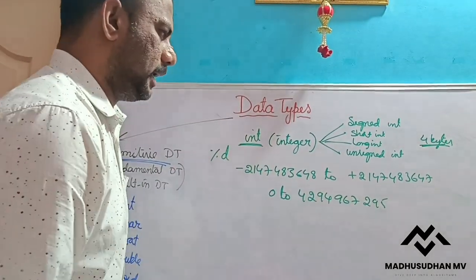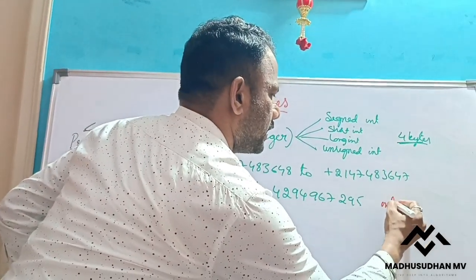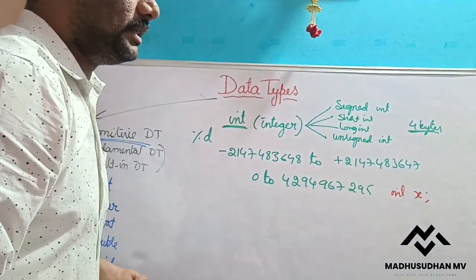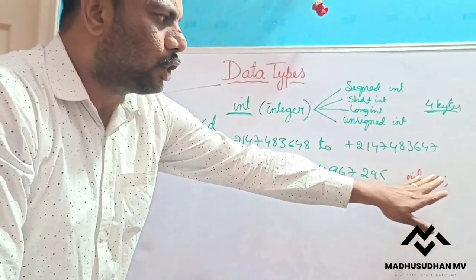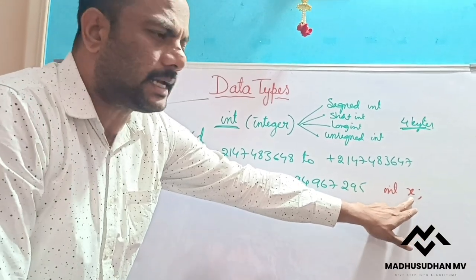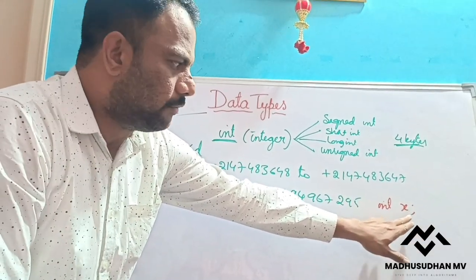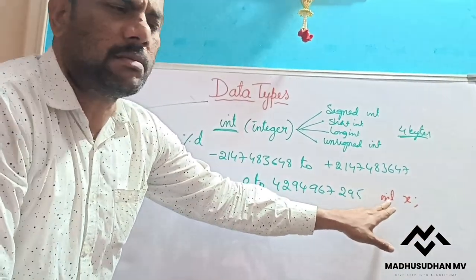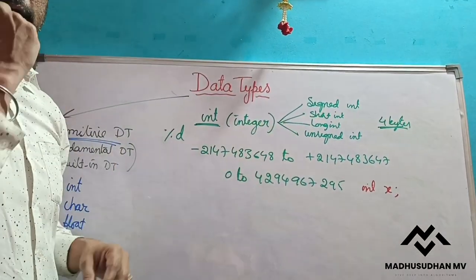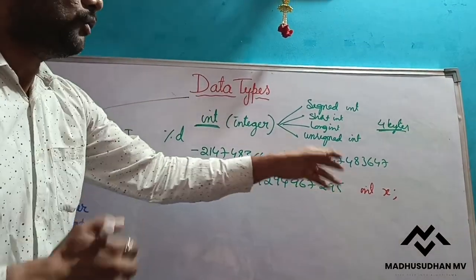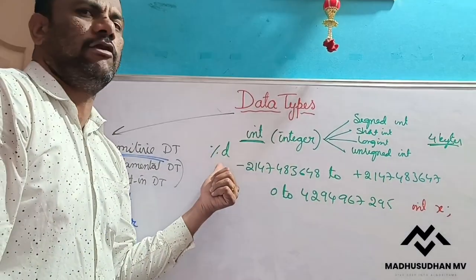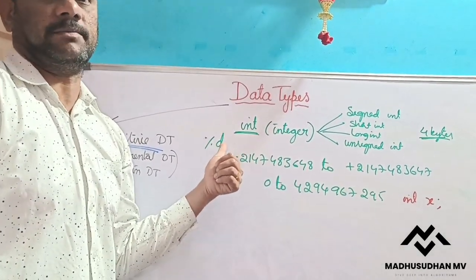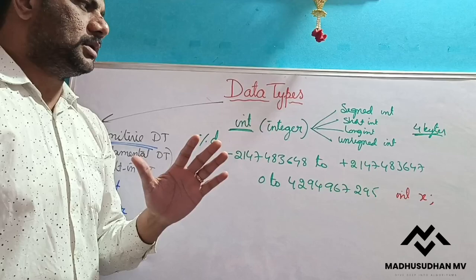For example, int x. That is the message we are giving to the compiler, saying that x is a variable in which I am storing some integer value. I don't know what that integer value is. So whenever we are using integer, we need to use this format specifier %d.